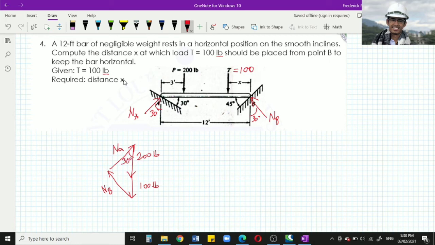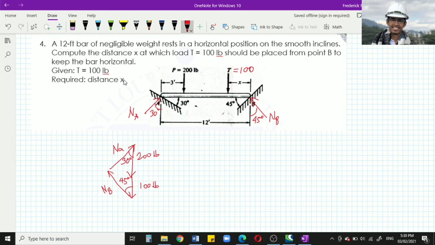Okay. So, ito pala is 45 degrees kasi 45 degrees yon. So, this will be also 45 degrees. So, dito sa NA natin, NB pala natin will be 45 degrees. Okay?